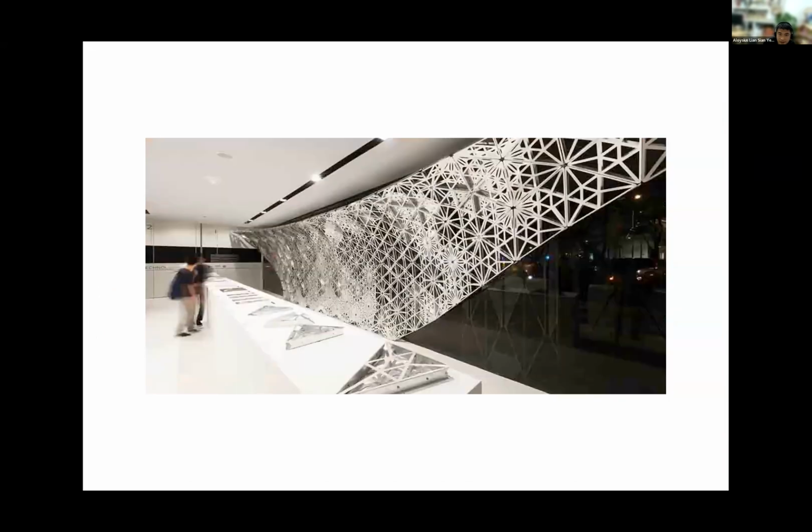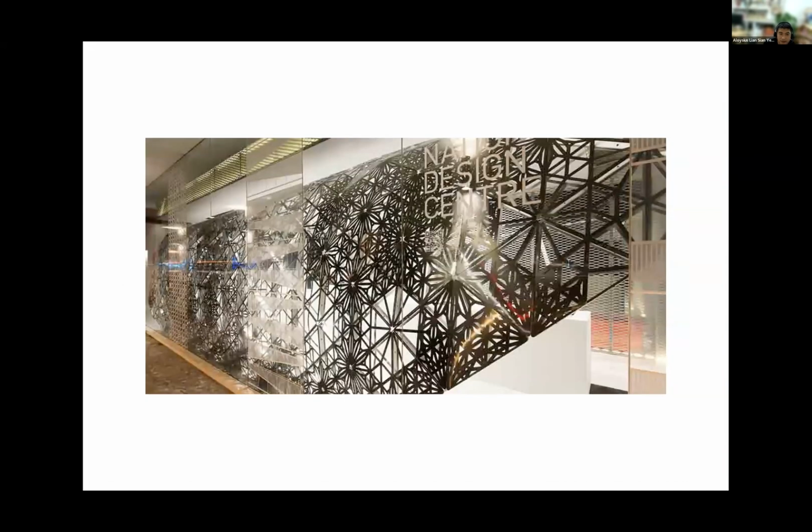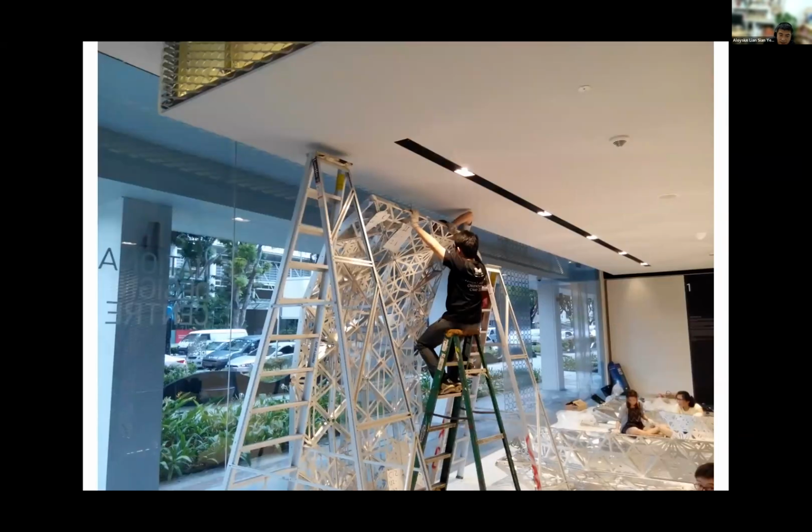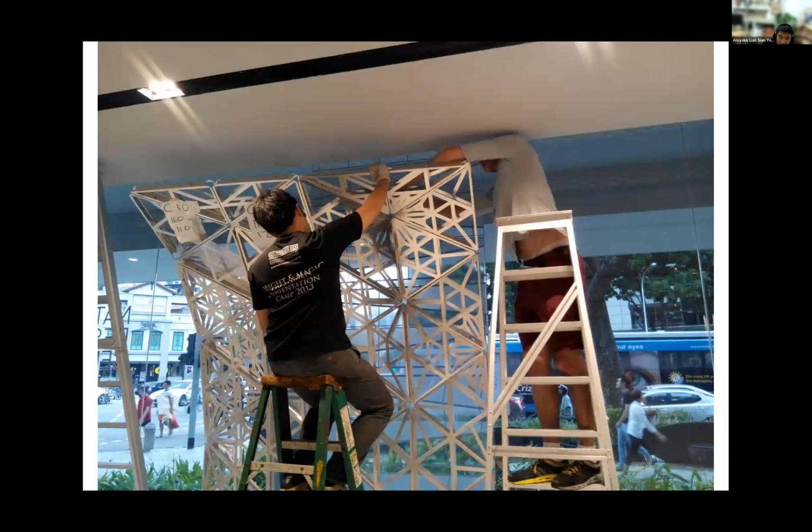This is interesting in the sense that we have done a simple screen at the National Design Center, also with the Advanced Architectural Laboratory. It's a very simple screen structure with no supporting ribs. It's self-supporting, but of course, we cheated by having zip ties to the ceiling, as you can see over here.